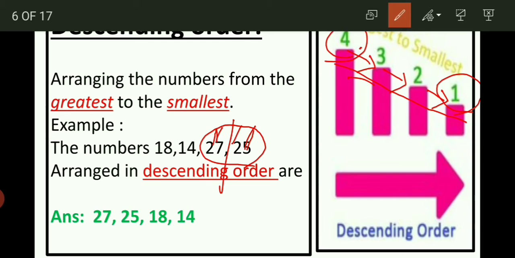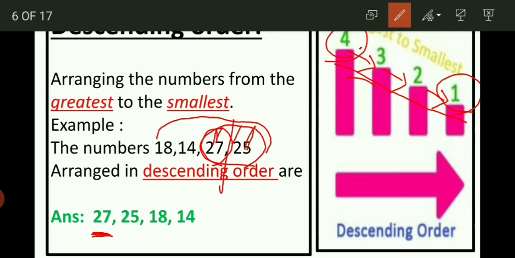So is 25 greater or is 27 greater? Yes, 27 is greater. So 27 is the greatest among these four numbers. The first number that we write in the descending order is 27.